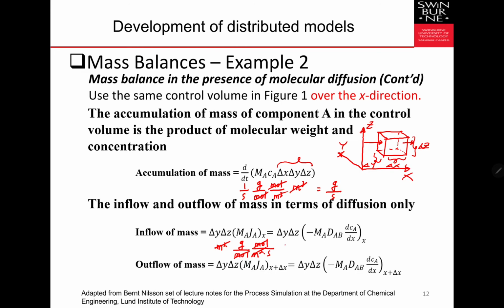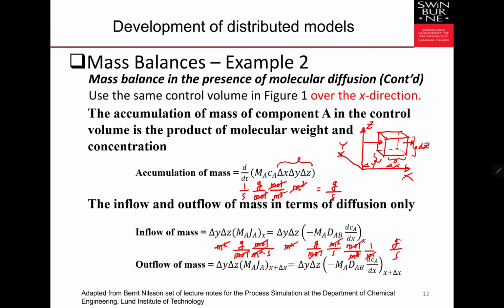Likewise here we want to check again: meter square, gram per mole, meter square per second, mole per meter cube, multiplied by 1 over meter. These cancel and give gram per second again.